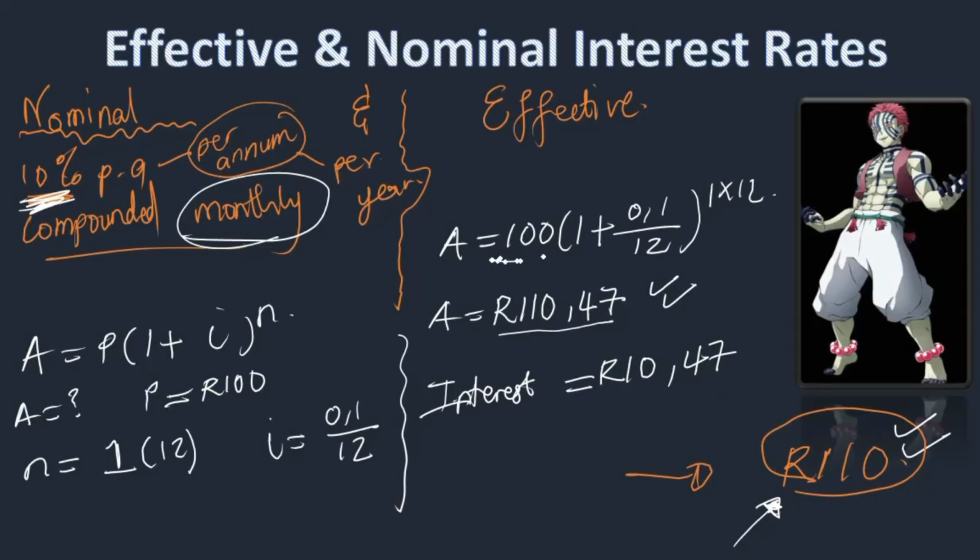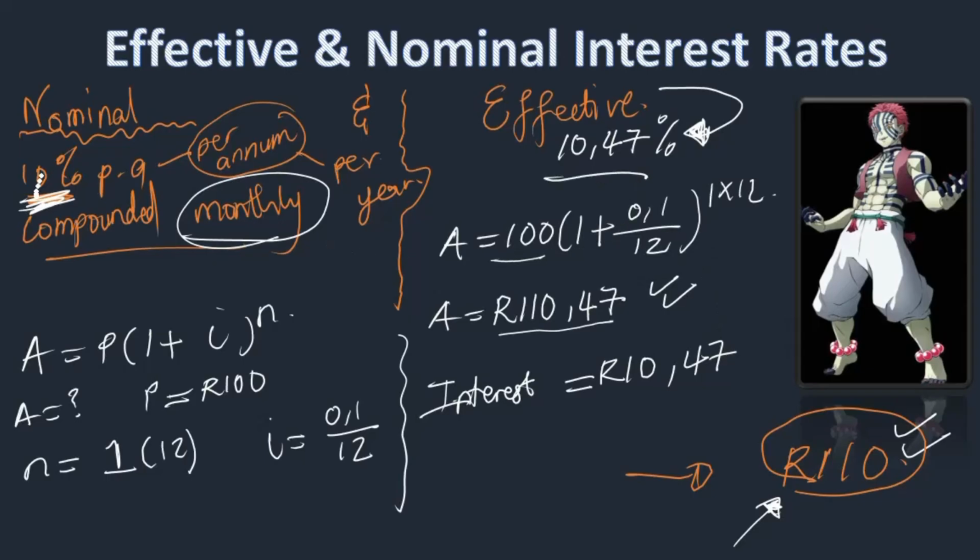So if I have to write it in percentage numbers, I'm going to say this money grew by 10.47%. This is the real effect that occurred to this money when I was compounding it monthly. So we call this the effective interest rate.